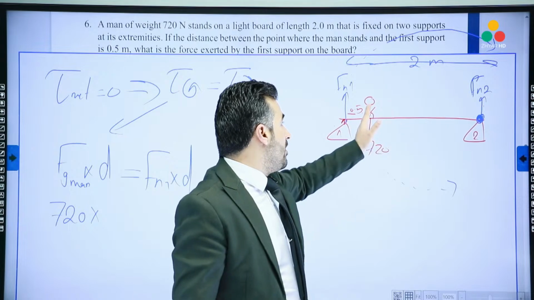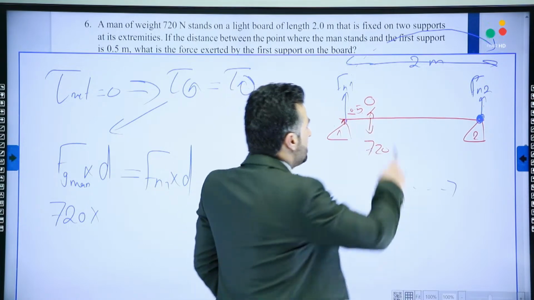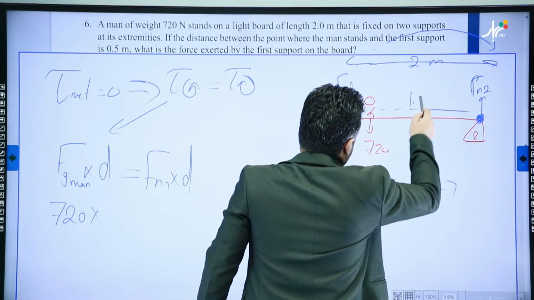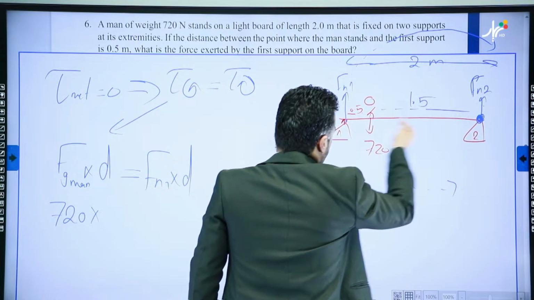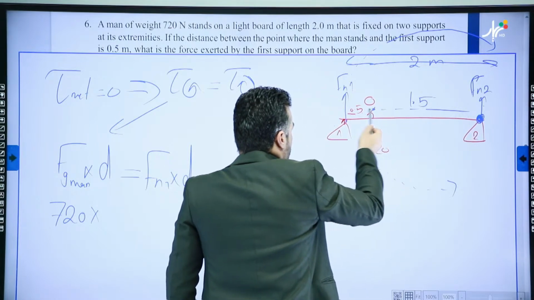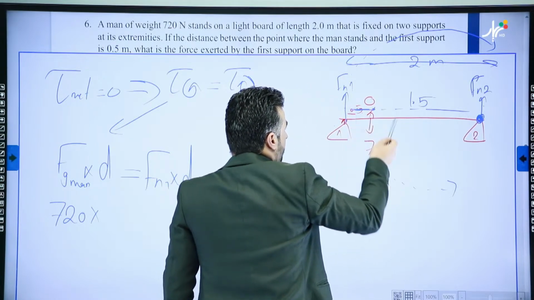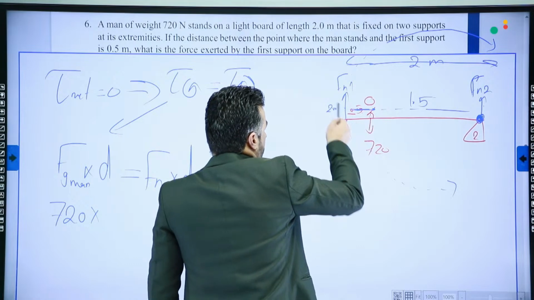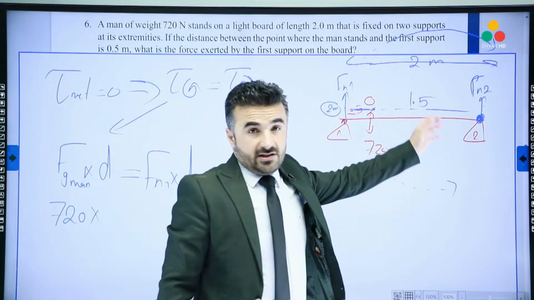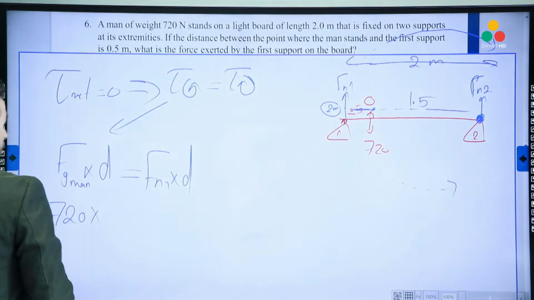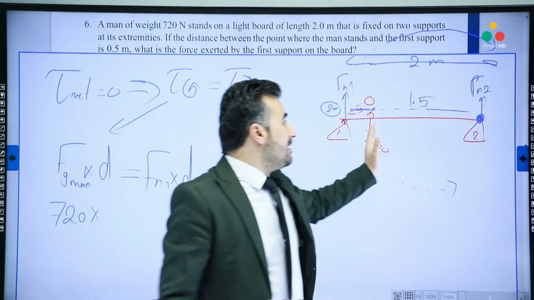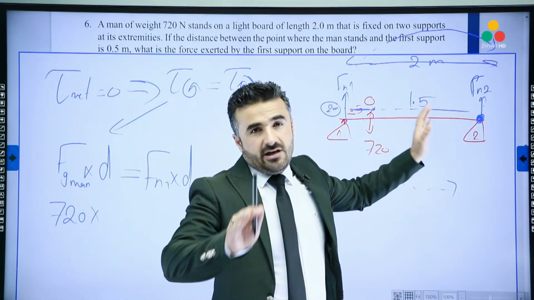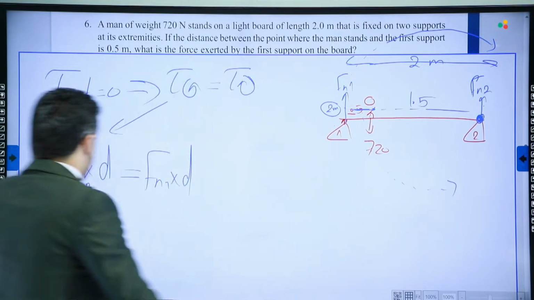If we take away half a meter, what is left? This distance is going to be 1.5. So 1.5 up to this point, and another 0.5, we get a total of 2 meters. That is in terms of the distance. So we want the distance between the man and the axis of rotation. That is always the case, so don't forget this.